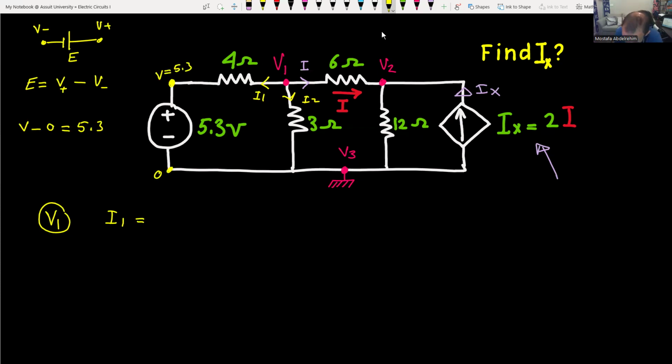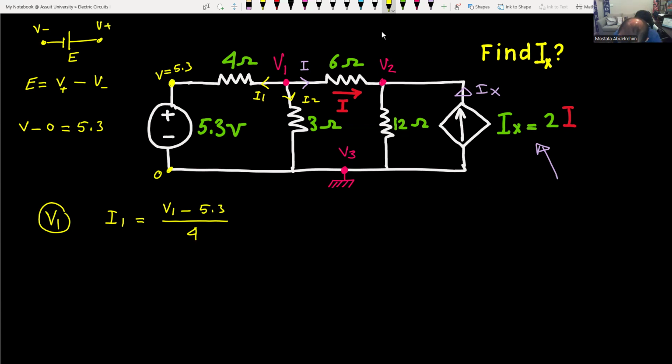So I1 is equal to V1 minus 5.3 divided by 4 ohms: the voltage difference divided by the resistance value.